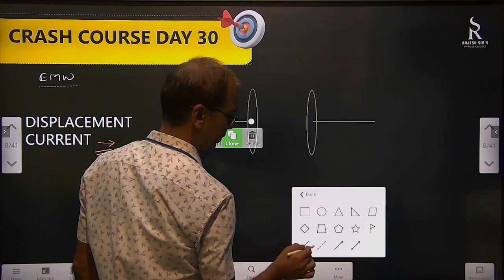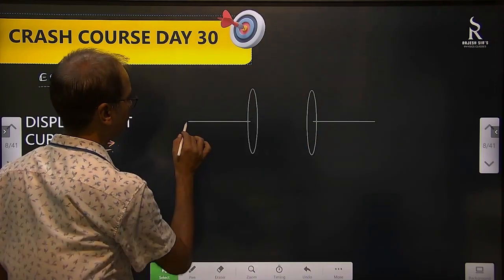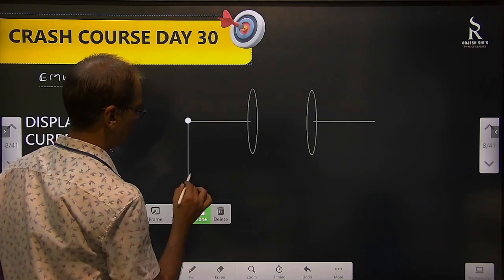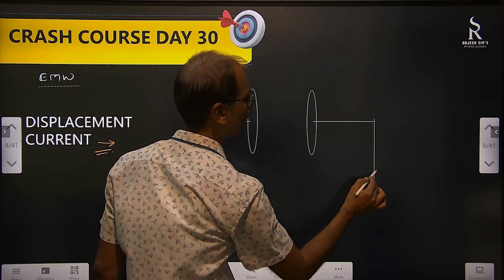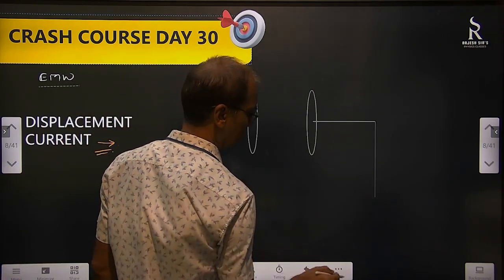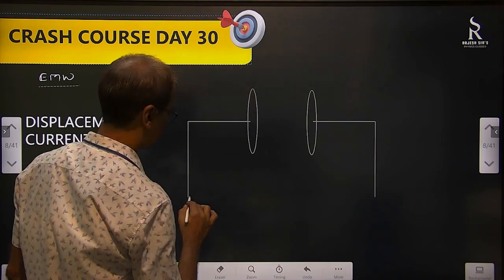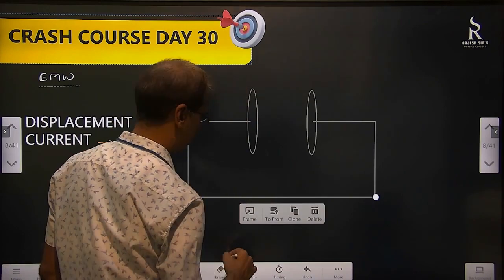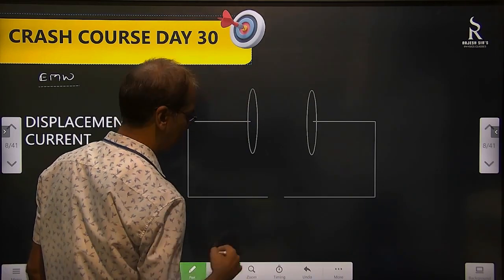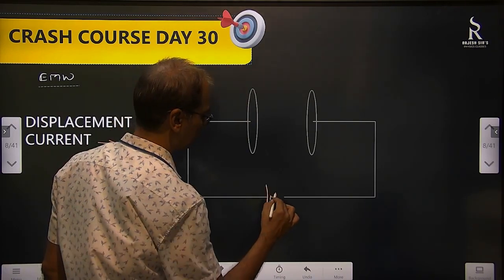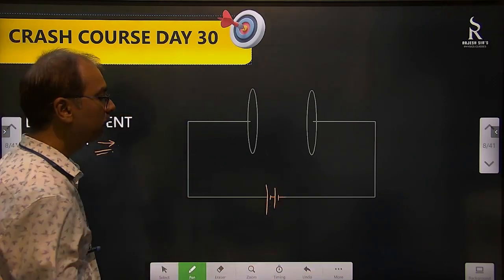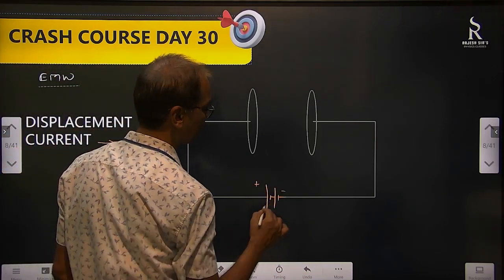There is a battery like this. So when we connect it with a battery, we know what happens in a capacitor.